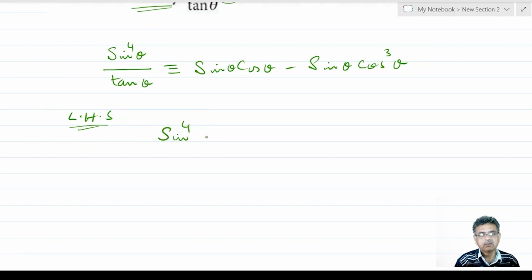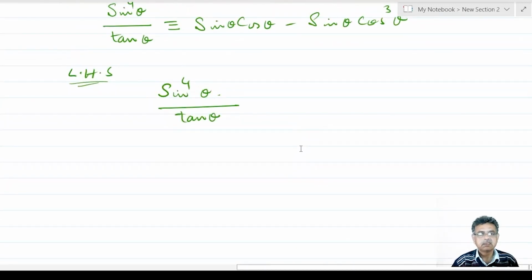Sine power 4 theta over tangent theta, that is the left hand side, and we cannot do anything with this sine power 4, at least so far. So we change this tangent theta.